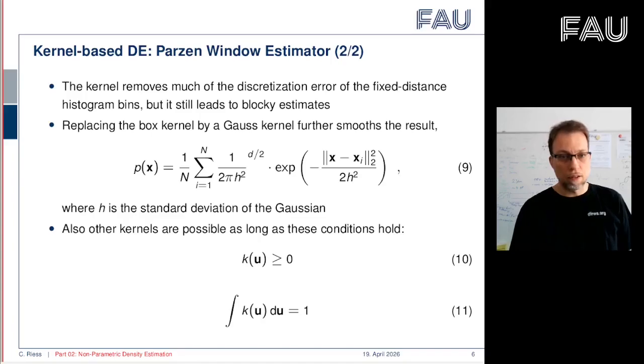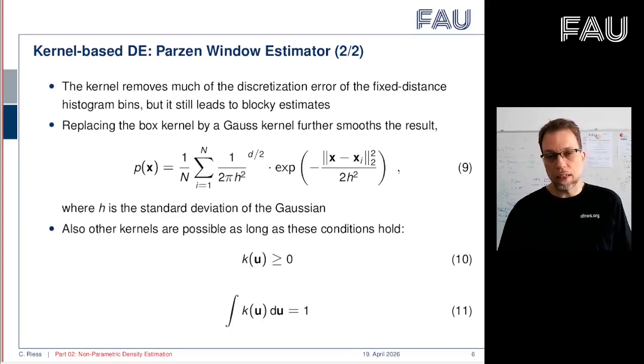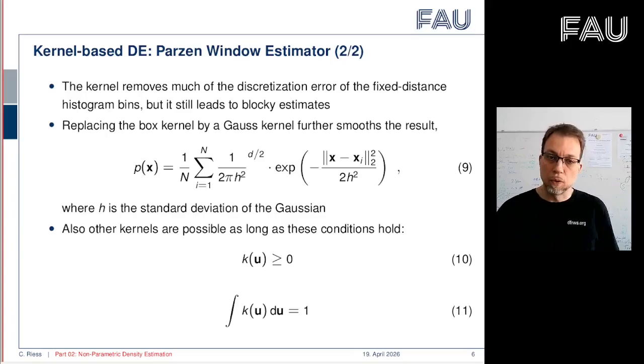I have to put the Gaussian in my kernel function, e to the power of distance divided by window size squared, for example, where h then acts as the standard deviation of the Gaussian, but then the estimates are smoother.